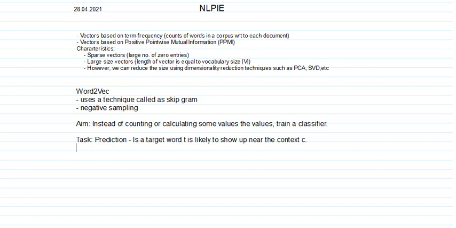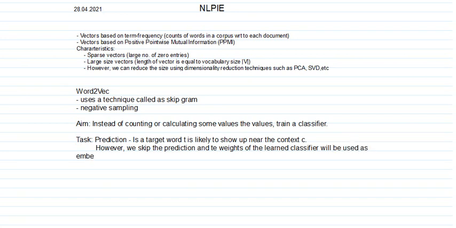So we skip the prediction, and the weights of the learned classifier will be used as embeddings, right?